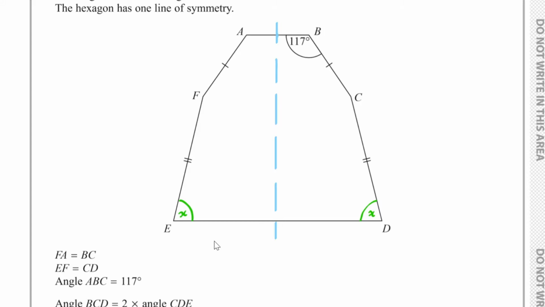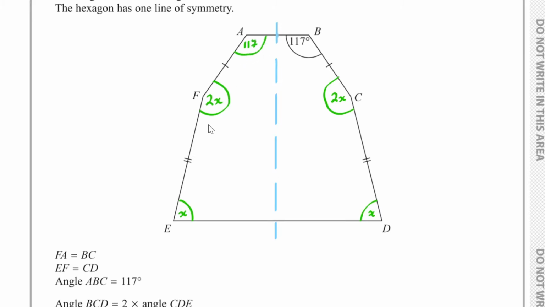And if BCD is twice this angle here, this angle over here is equal to 2x. So we have 2x here and we have 2x over here. And then if we've got 117 degrees here, here we also have 117 degrees.